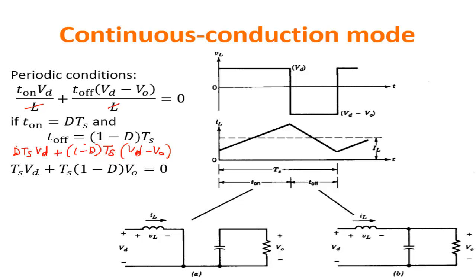If I just substitute T on and T off from here, you see that here you have VD times D times Ts and 1 minus D, so you can simplify this and this, because they both are multiplied by Ts VD. Actually this part and this part go away, so you only have Ts times D times VD, which is this part, and then 1 minus D times Ts times VO, which is the second part.